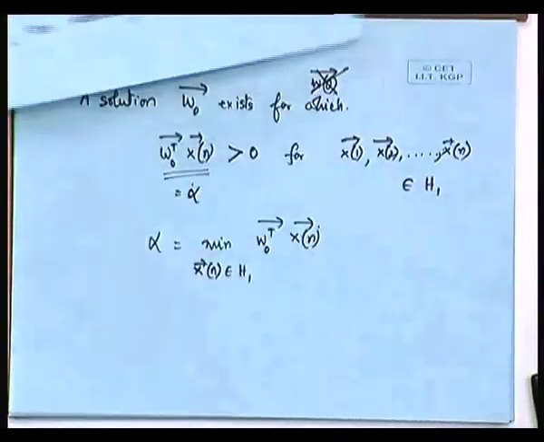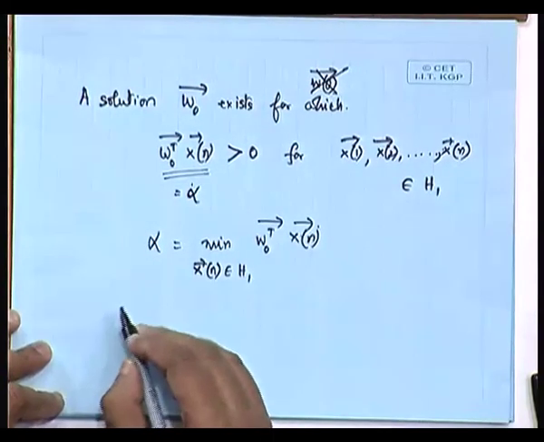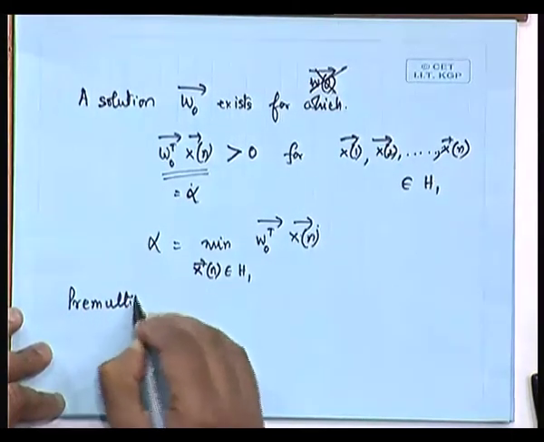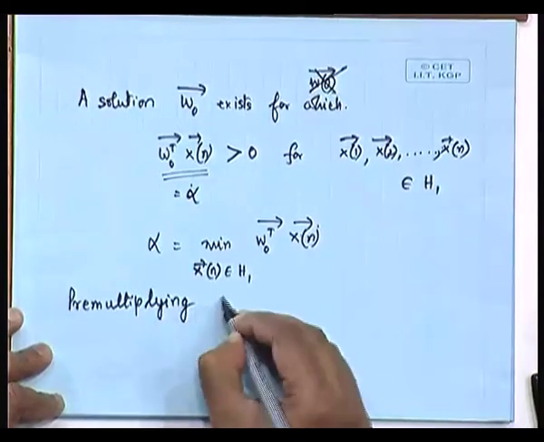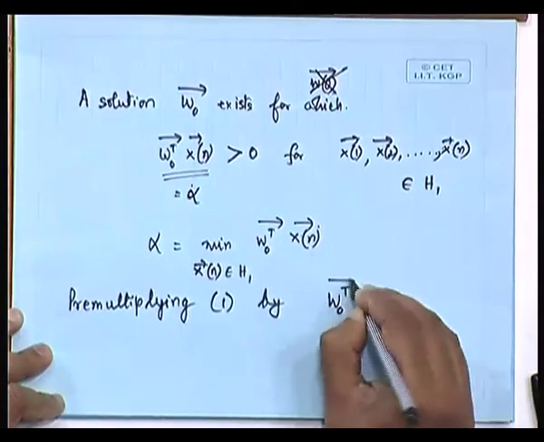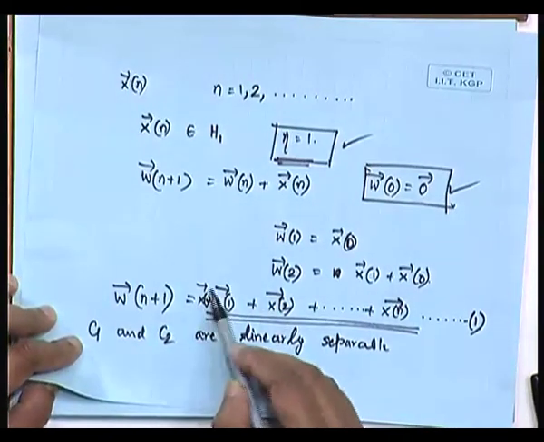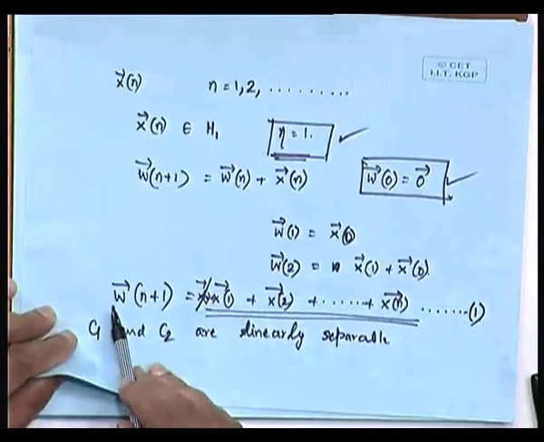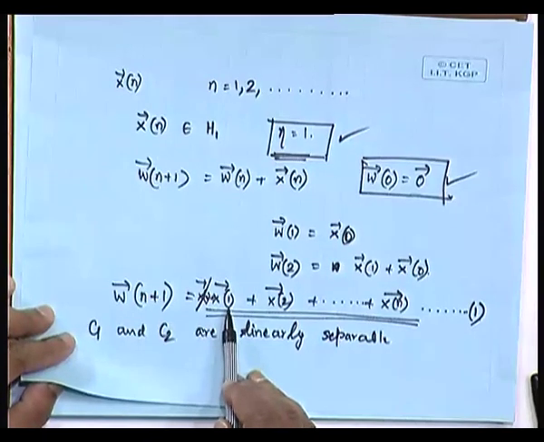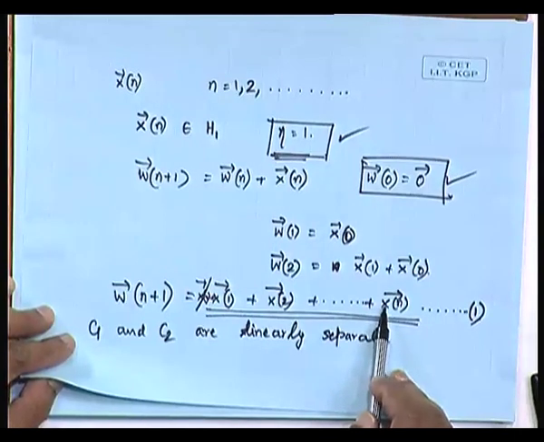What I am going to do is pre-multiply equation 1 by W0 transpose. So, W0 transpose Wn plus 1 is equal to W0 transpose x1 plus W0 transpose x2, and so on up to W0 transpose xn.